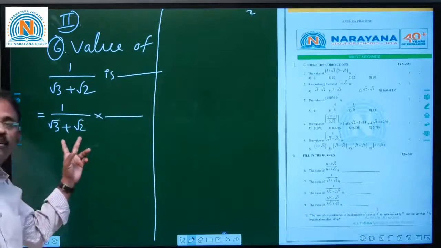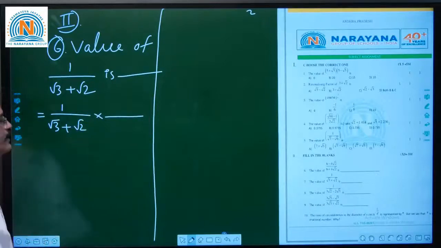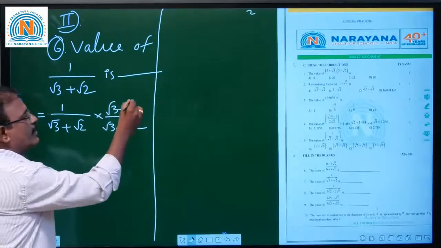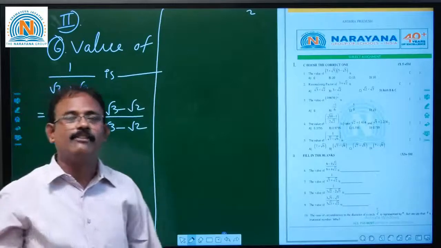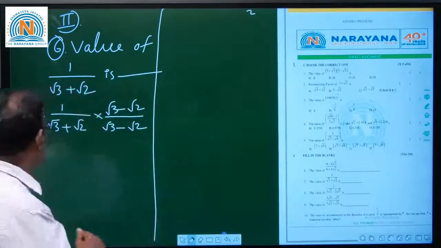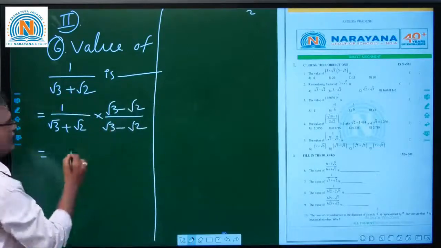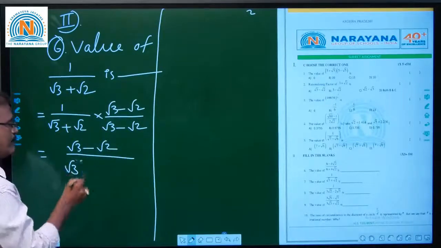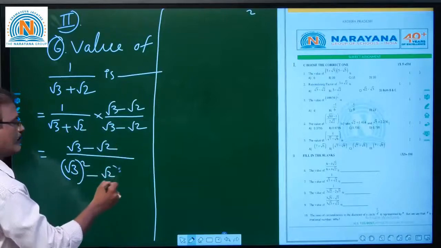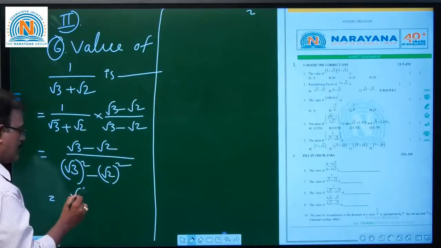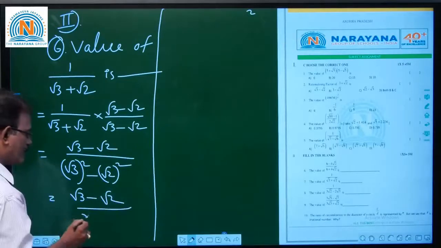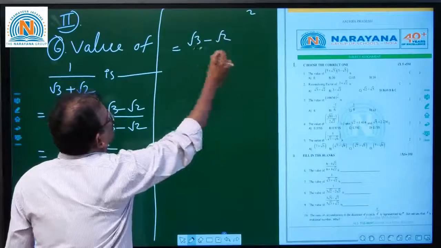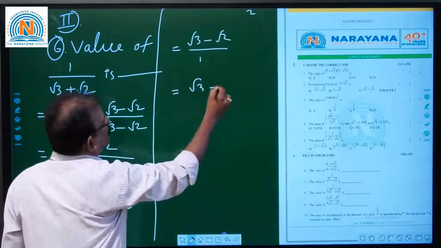What is the rationalizing factor of root 3 plus root 2? Its conjugate, root 3 minus root 2. Let us take the same value for the numerator also, without changing the initial value. Now, 1 times root 3 minus root 2, and this is (a plus b) into (a minus b). So this is (root 3 minus root 2) by (3 minus 2), children. So (root 3 minus root 2) by 1, that is root 3 minus root 2.